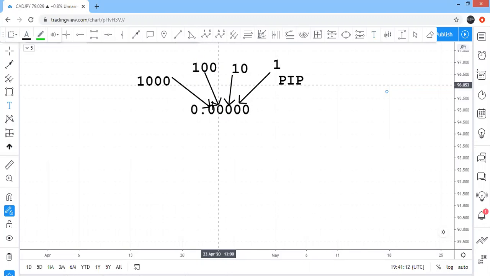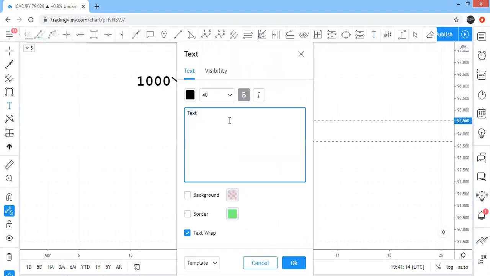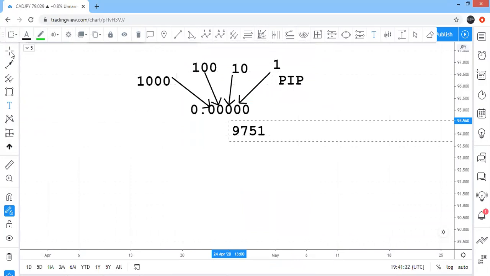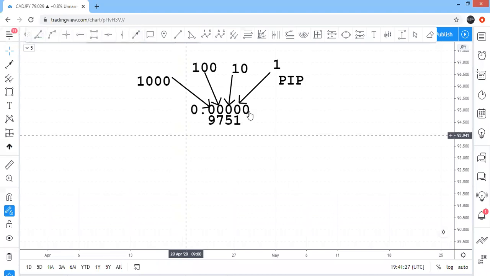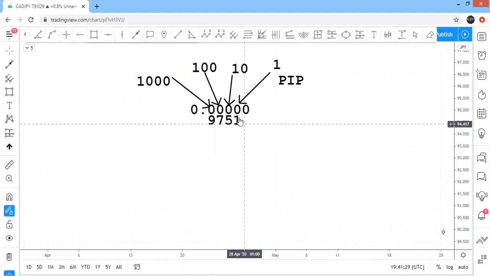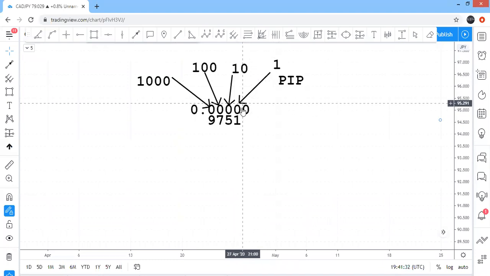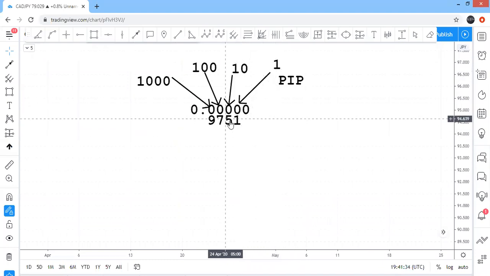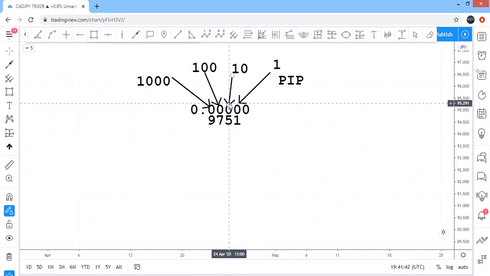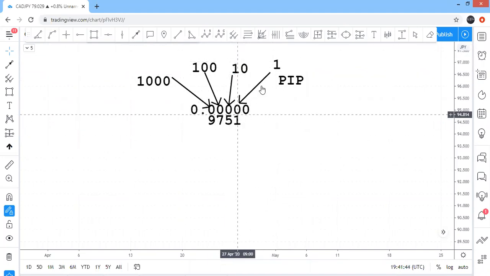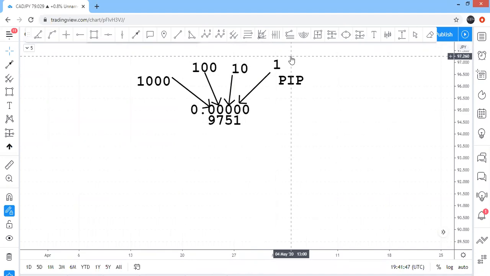So let me write down the values in, because this one was 5. Say 9751. So I've made this easier by giving numbers underneath each of these categories. So what we're doing here is 1 times 1 equals 1. That is 1 pip. 5 times 10 equals 50 pips. But because there's already a 1, it will be 5 times 10 plus 1 times 1. That would equal 51.